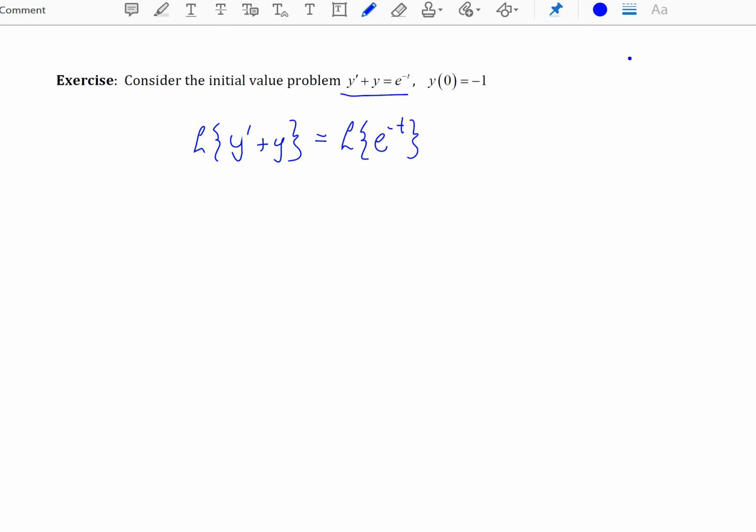And using the fact that the Laplace transform preserves vector addition, we can write the left side as the Laplace of y prime plus the Laplace of y. And the right-hand side, the Laplace of e to the negative t, we should recognize now as 1 over s plus 1.